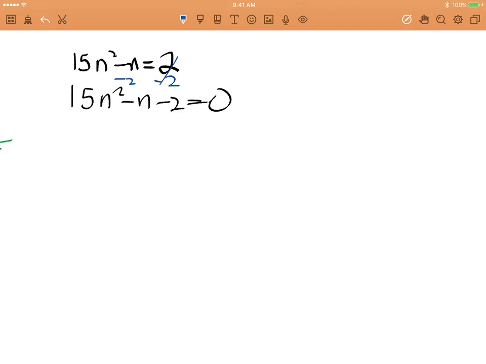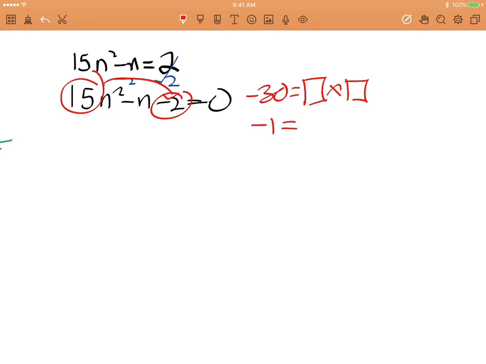Now what multiplies to, well, let's multiply these two. 15 times negative 2 is negative 30. What two numbers multiply to negative 30 and add to negative 1? I think it's going to be 6 and 5.